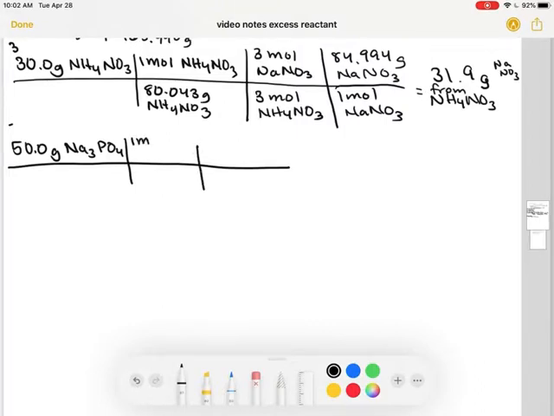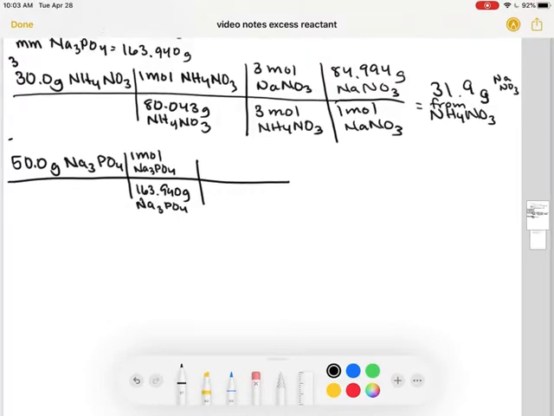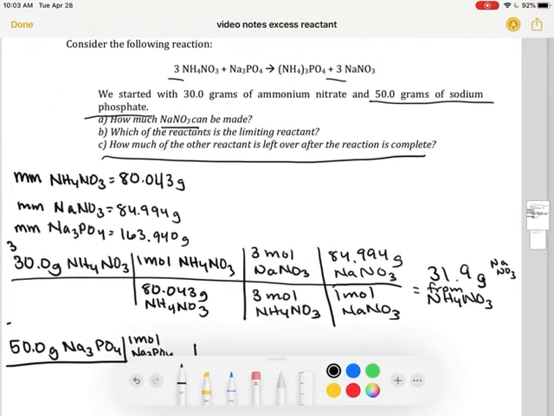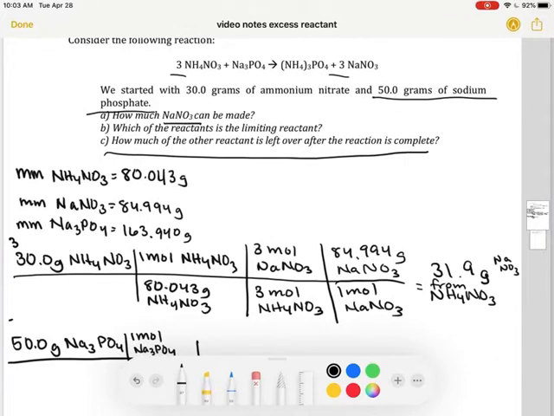So in 1 mole of Na3PO4, there are 163.940 grams of Na3PO4. Now we want to switch over. We have to go back to our equation: for every 1 mole of Na3PO4, we get 3 moles of sodium nitrate.